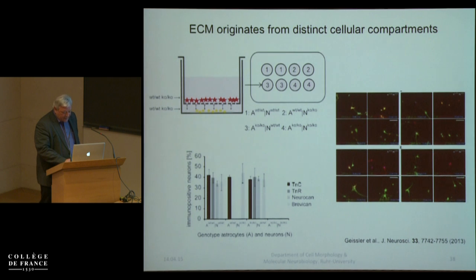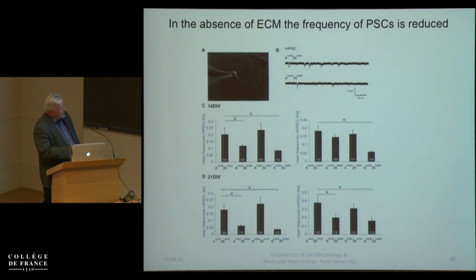We looked at different parameters in this model, and one we considered was the activity of the neurons, again determined by whole cell patch clamp. We see that the frequency of miniature inhibitory but also excitatory postsynaptic currents is reduced in the situation where we have knockout neurons. This is particularly telling here: in the cases where knockout neurons are present, the frequency is reduced, and this is still true even after 21 days.